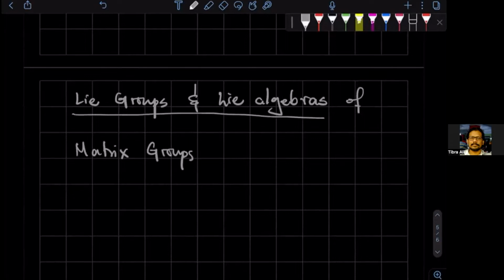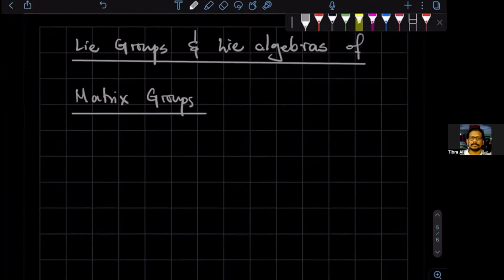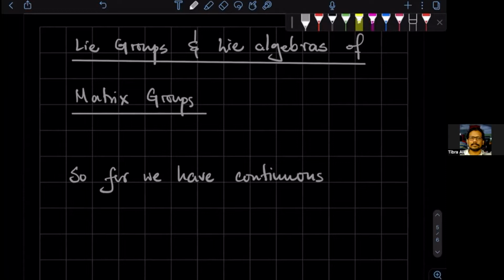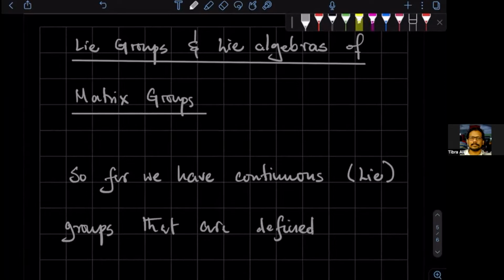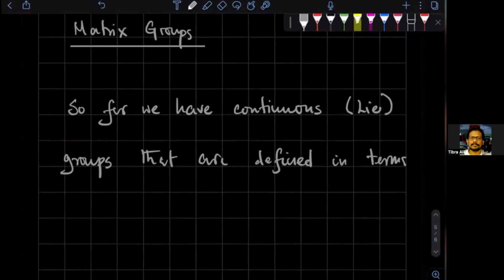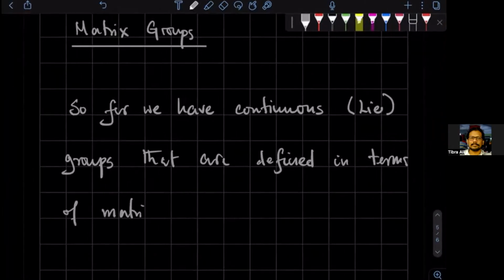Okay, so what are matrix groups? Matrix groups are groups which are defined by matrices. So far, we have seen some continuous groups. Continuous groups are also known as Lie groups, that are defined in terms of matrices.